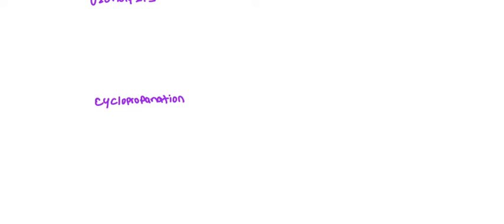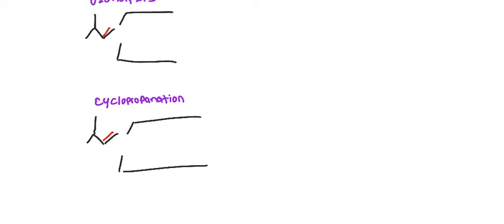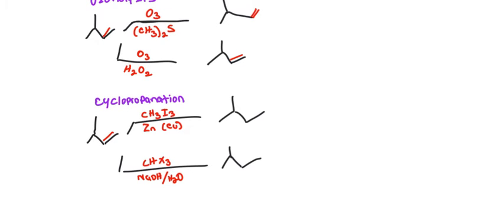And last, we have ozonolysis and cyclopropanation. They both have two different routes. So let's start with ozonolysis. For the first time, you will cut again your double bond in half and create two products.